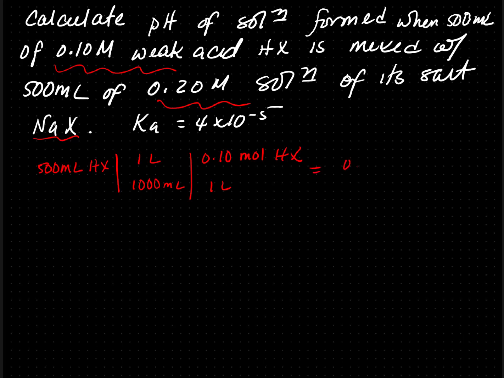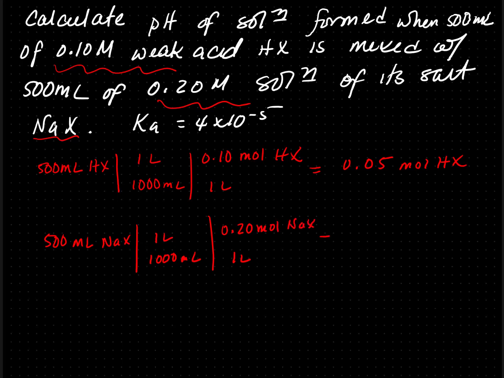This is equal to 0.05 moles of HX. Same thing goes for the salt. 500 mL of NaX, we need to convert it into liters. 1 liter has 0.20 moles of NaX. This is equal to 0.10 moles of NaX.